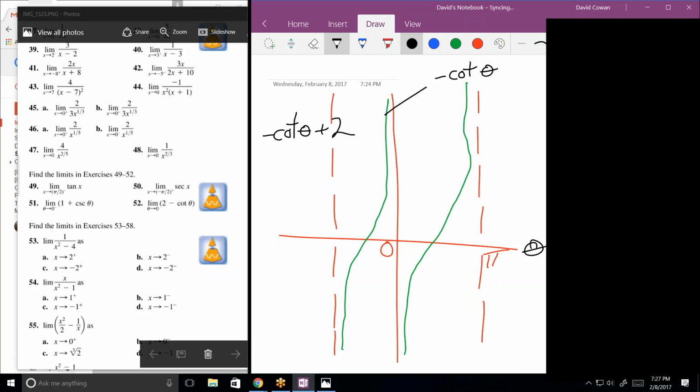So as I approach 0 on the horizontal axis from the left, what is my function doing? It looks like it's moving upwards to infinity. Correct. Now as I approach it from the right, what is my function doing? Going to negative infinity. So what's the answer to 52? Undefined. Not undefined, does not exist.